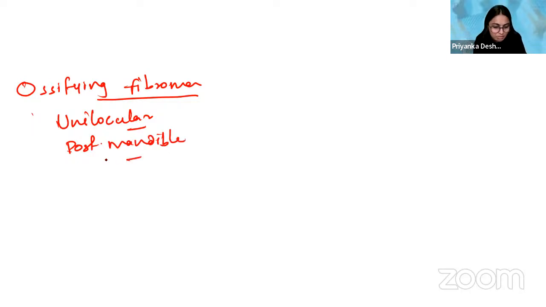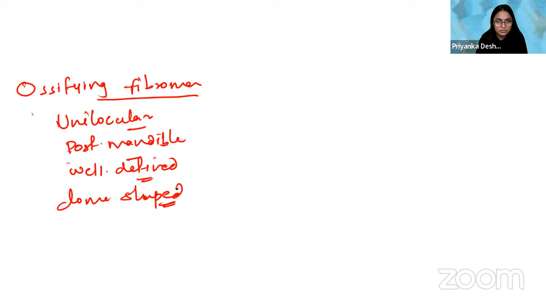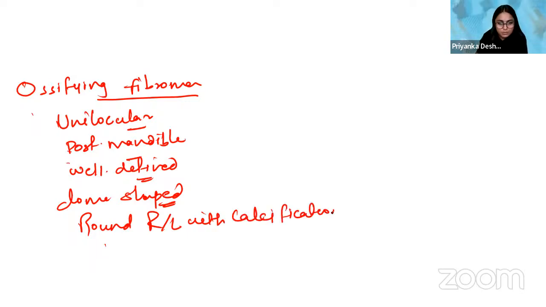Then it is seen as a well-defined entity. It will have somewhat of a dome shape. The body of the mandible will be seen as a dome-shaped enlargement, and with that we have a round radiolucency with calcifications. The radiographs I have put just to differentiate between these two entities.